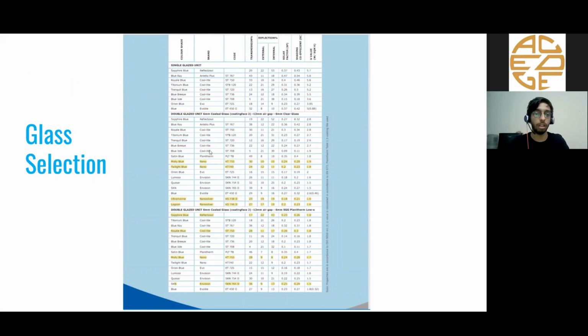After we have finalized the values of the glass through different analyses and simulations, we select from this chart, which I think is by Saint-Gobain. Here you can select which glass would work for you.